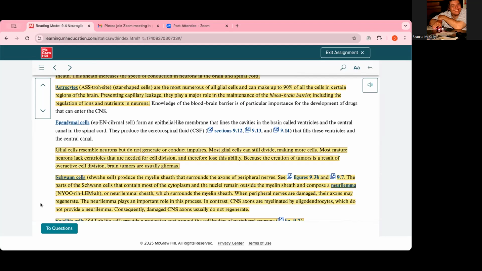Okay, when peripheral nerves are damaged, their axons may regenerate. The neurolemma plays an important role. In contrast, CNS axons are myelinated by oligodendrocytes. CNS, okay.